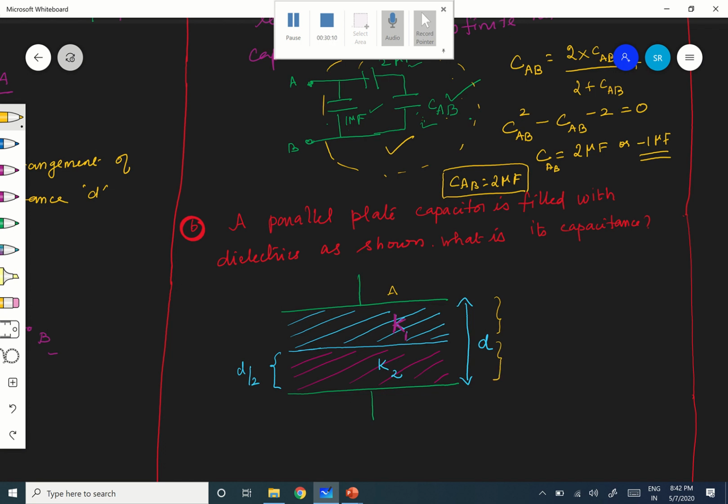Two different capacitors means, see here, let me draw like this. The colors will change now. See, it is like this.